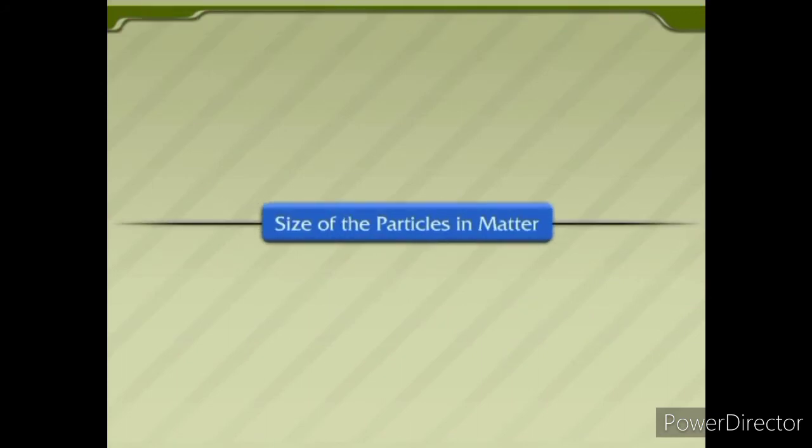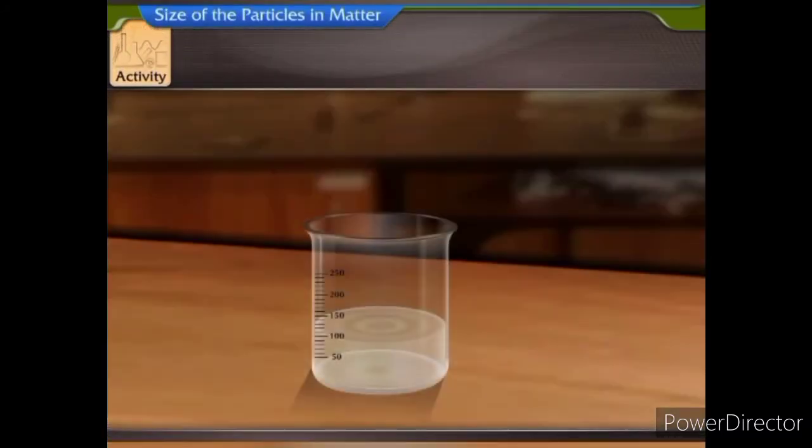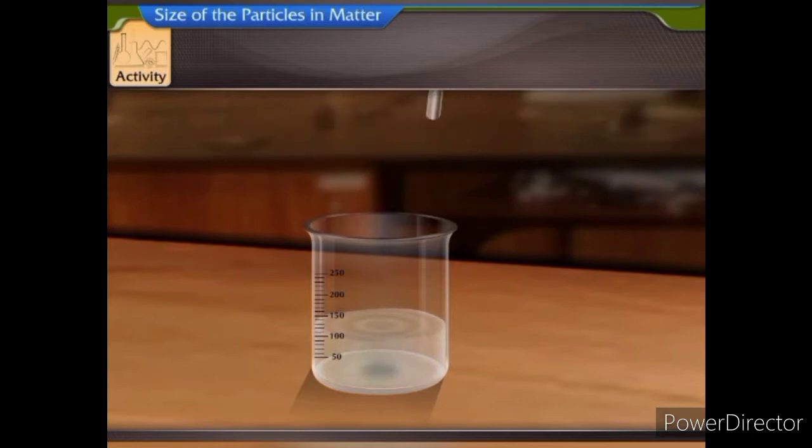Size of the particles in matter. Here is an activity to help us estimate the size of the particles in matter. Dissolve a few crystals of potassium permanganate in 100 ml of water.